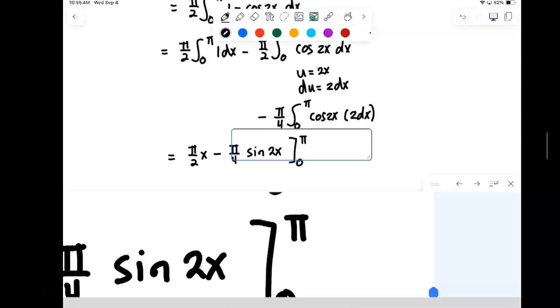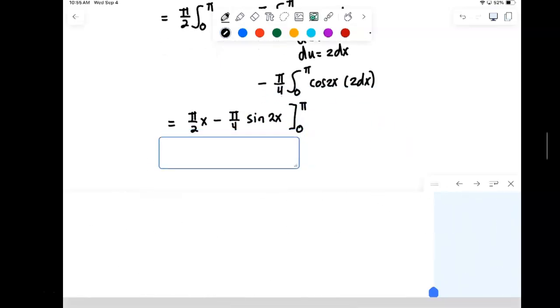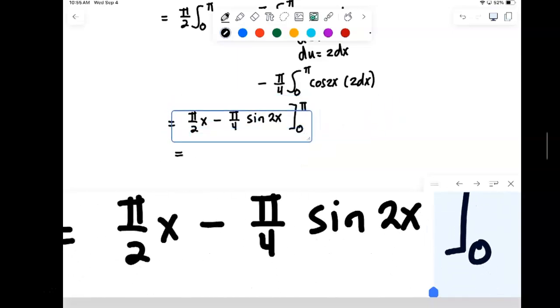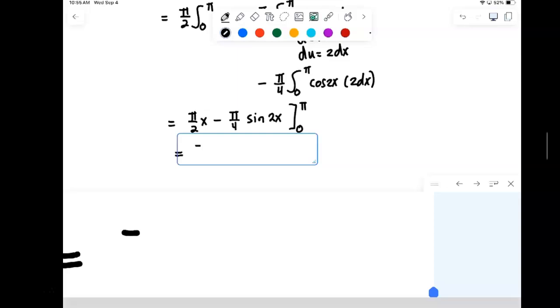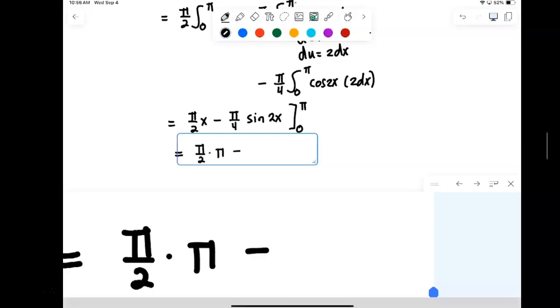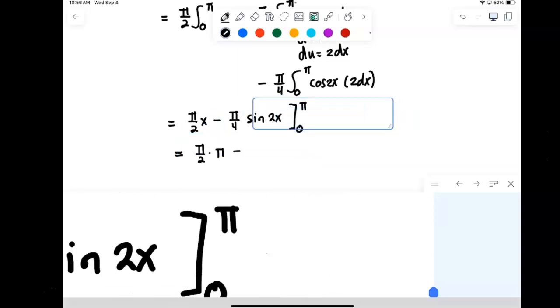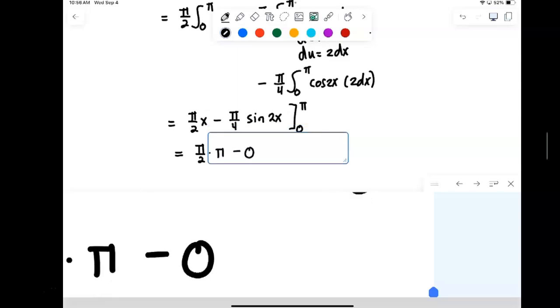And then we just go through and compute this. So plug in pi. That's going to be pi over 2 times pi minus pi over 4 times sine of twice pi. Sine of 2 pi is still just 0.